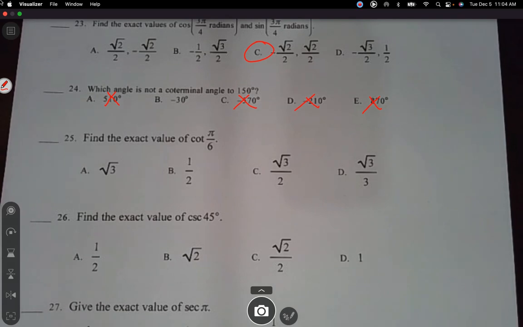The square root of 3 over 3. However, that's not our answer. That's tangent. So what do you do with cotangent? Flip it. It would be 3 over the square root of 3. What's wrong with that? Obviously, it's not an answer. Can't have a square root at the bottom. So you multiply by the square root of 3.